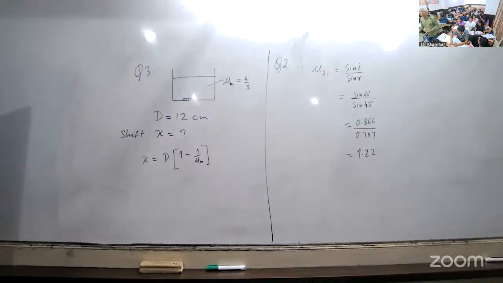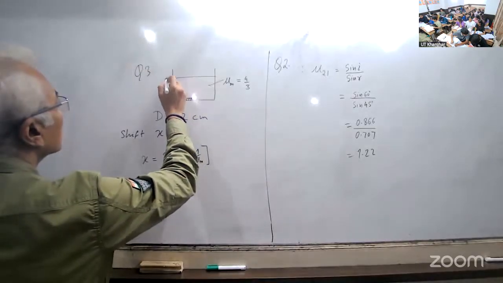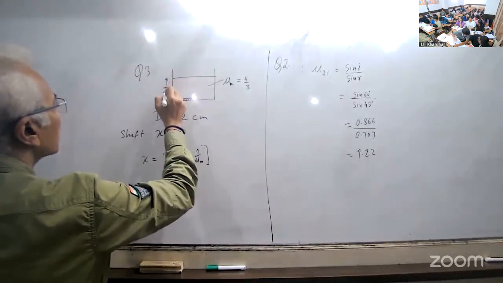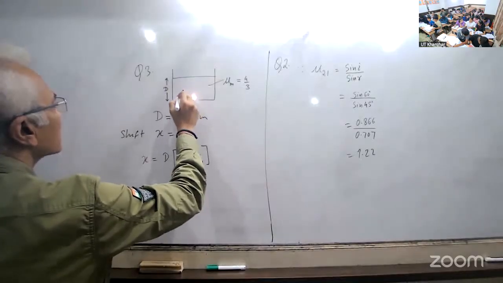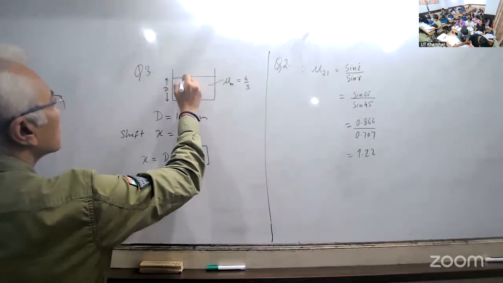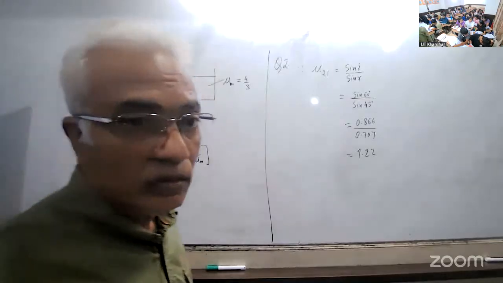So basically, this whole thing is T. This is X. And this thing is called D. Right?